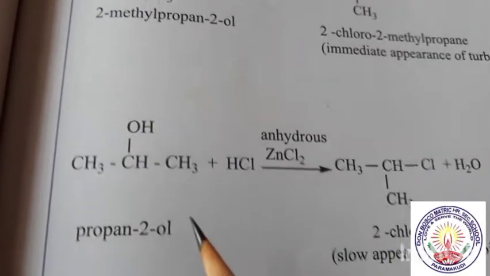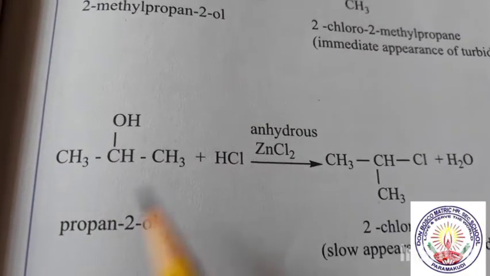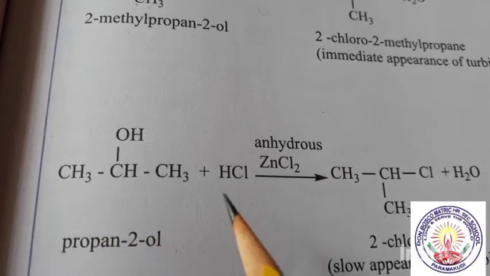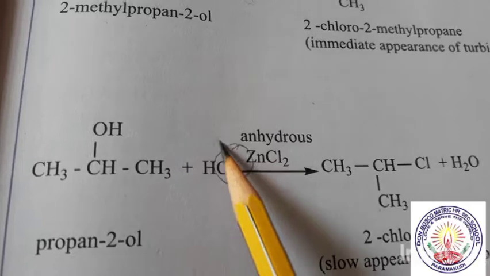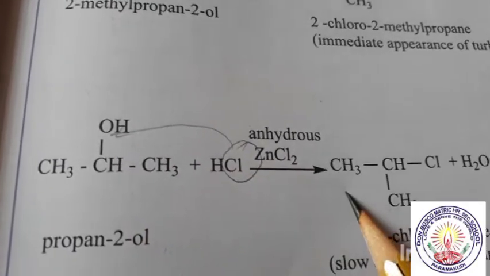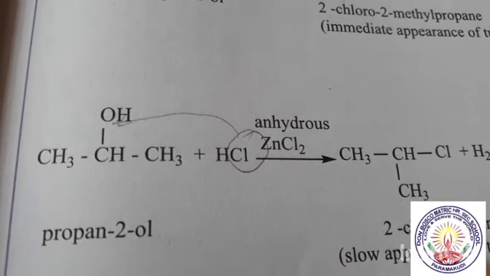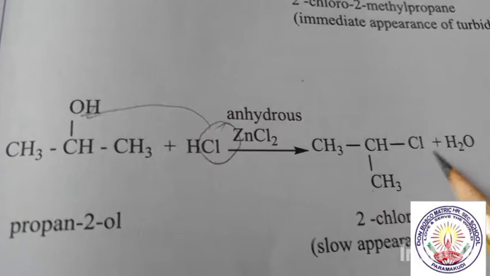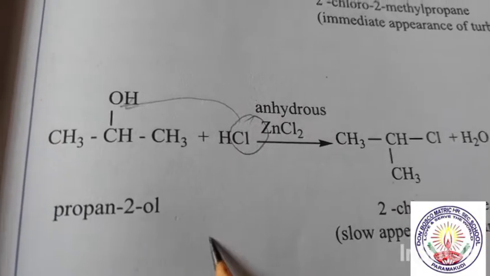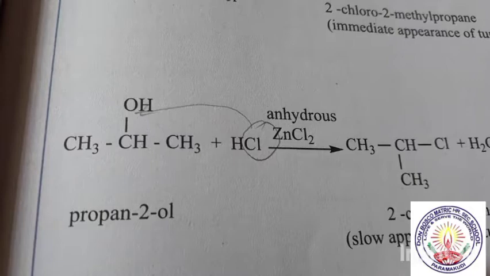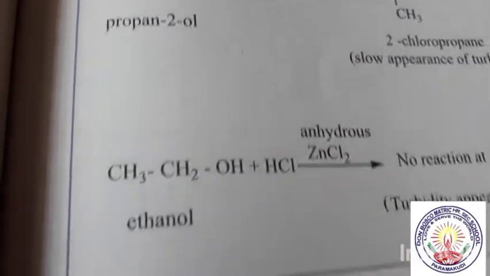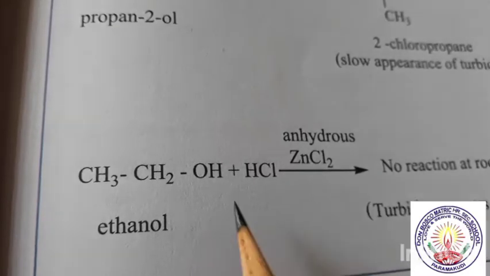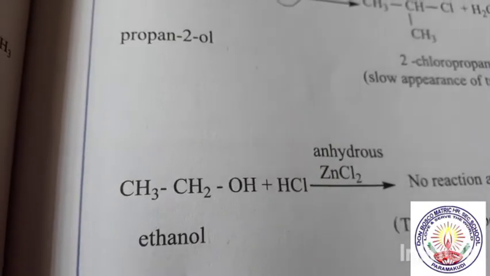So the second one is secondary alcohol. When this Cl replaces this OH, CH3, Cl and water is eliminated, and this appears slowly. After 10 minutes this appears. And the primary, you see, that is ethanol we have taken.